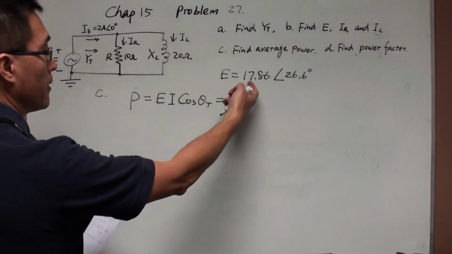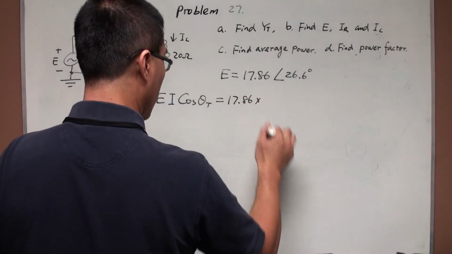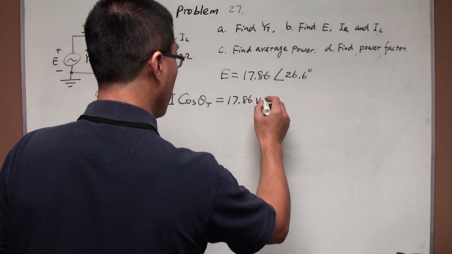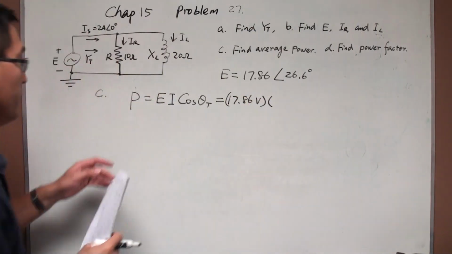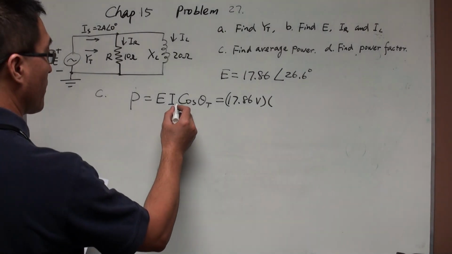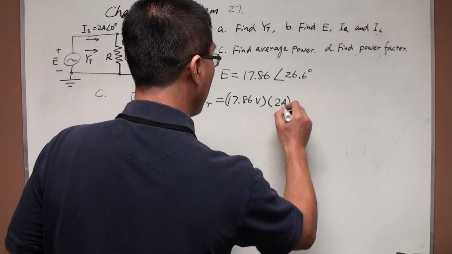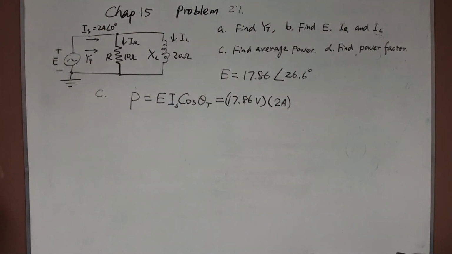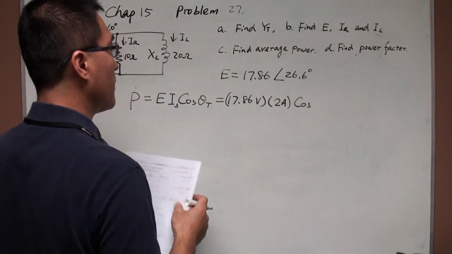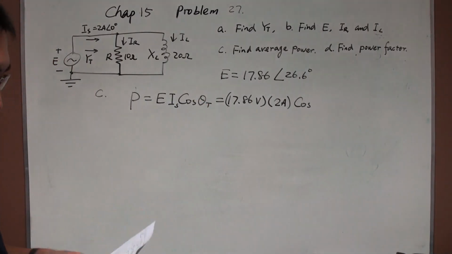This E is the amplitude, so it's 17.86 volts times IS, which is 2 amps, the RMS value for I, times cosine of theta t.